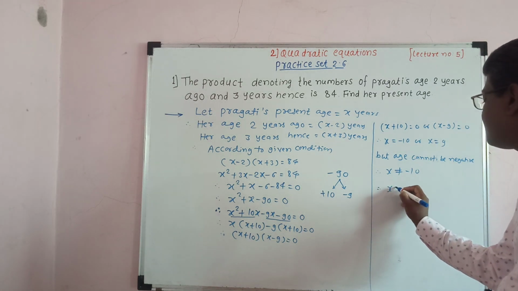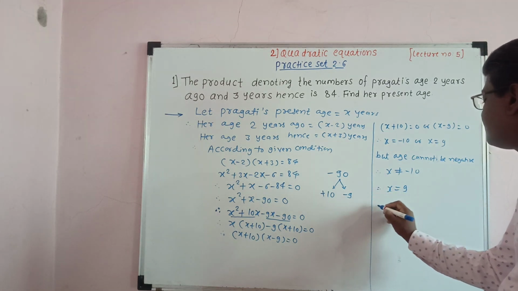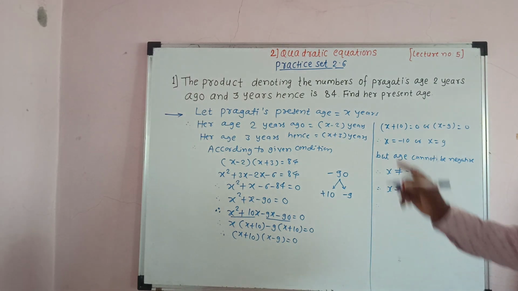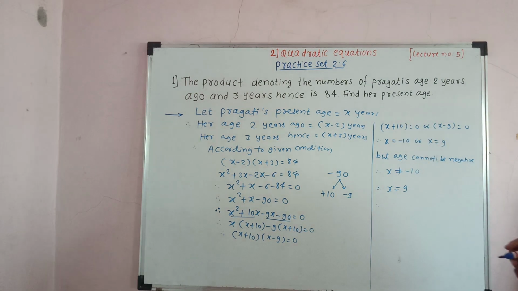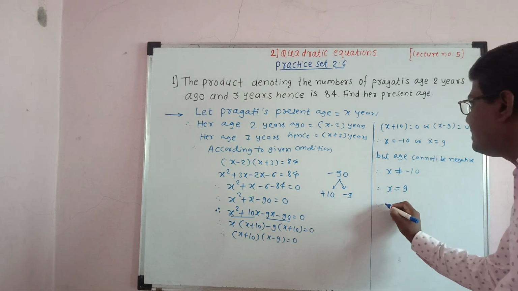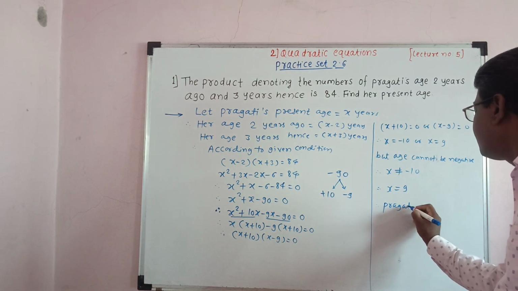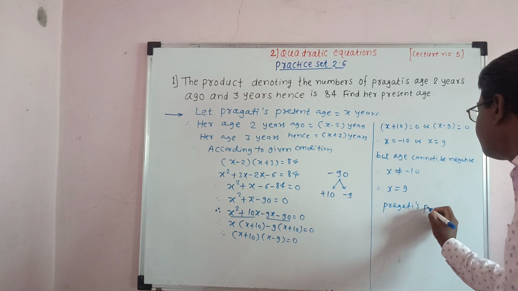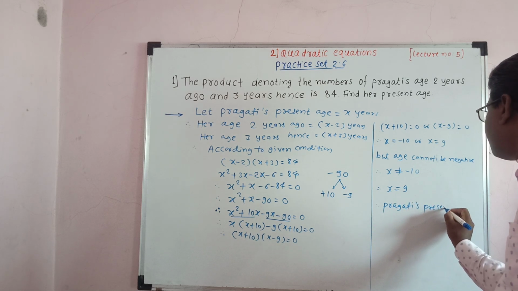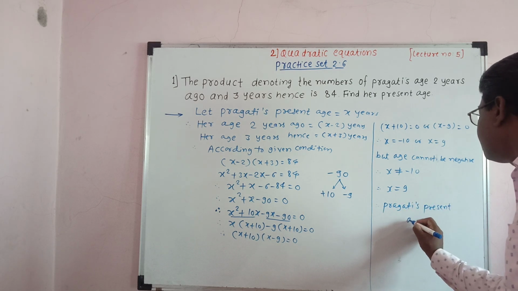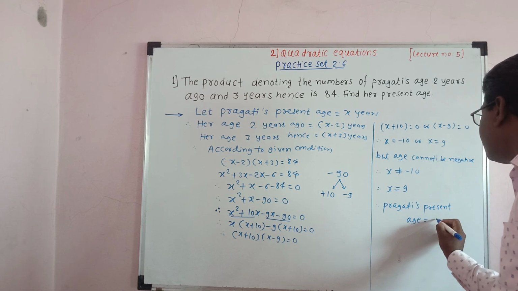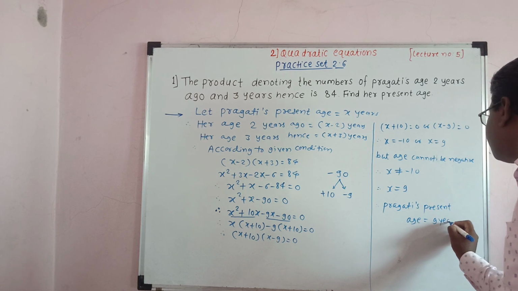Therefore x is equal to 9. Therefore Pragati's present age is equal to 9 years.